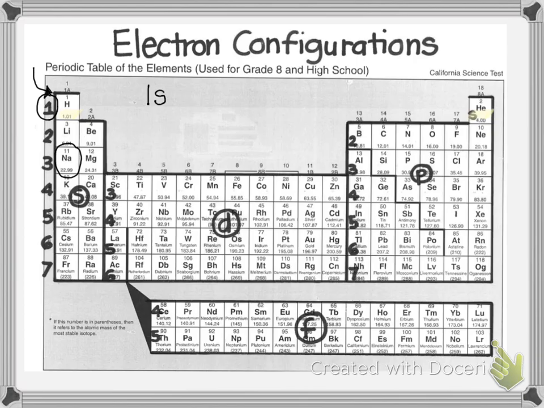And then you use the boxes to count how many electrons would be in that sublevel. 1, 2. Now the S sublevel can never have more than 2 electrons, because the S sublevel only has one orbital, the S orbital, and each orbital can only hold 2 electrons. So anywhere you have an S, just remember you can only have 2 electrons.